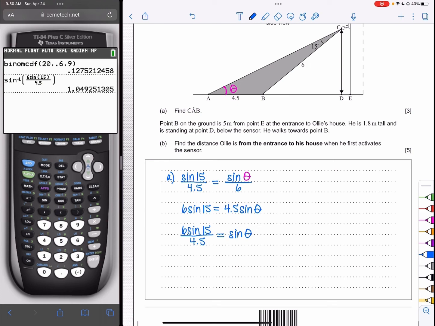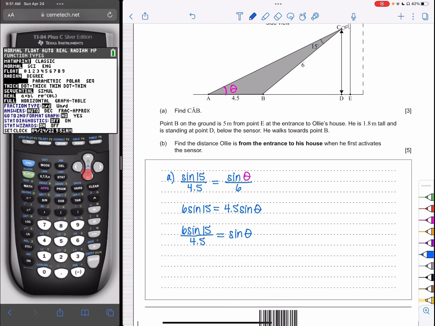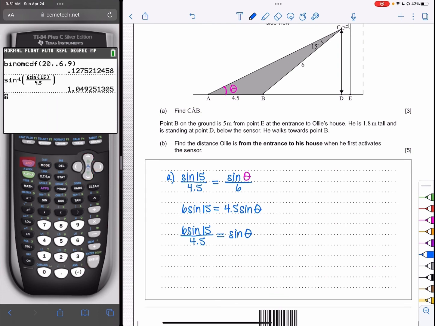And always make sure your calculator is in degree mode. As you can see, if I look at the top of mine, it's in radians. So I need to go to mode, and I need to go to degree. Turn it on, and then I can go back and recalculate it. And as you can see, I get that my angle is approximately 20.2 degrees. So that is the angle CAB, right?